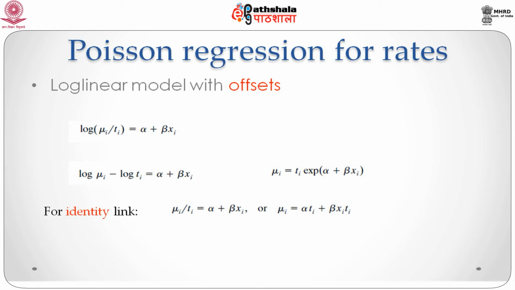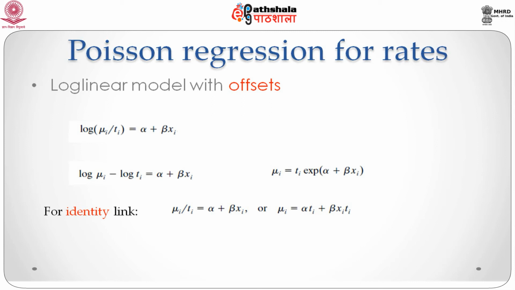So this leads to a log linear model, but with something called an offset. So say, for example, that the measure of size is given by a variable ti. Then, instead of saying log of mu i equal to alpha plus beta xi for the log linear model, we now say log of mu i by ti is equal to alpha plus beta xi.